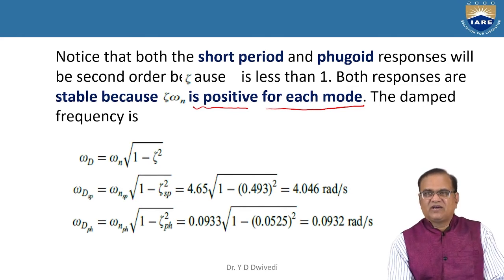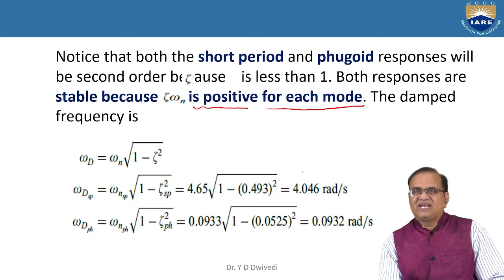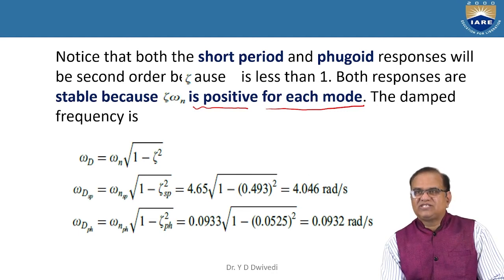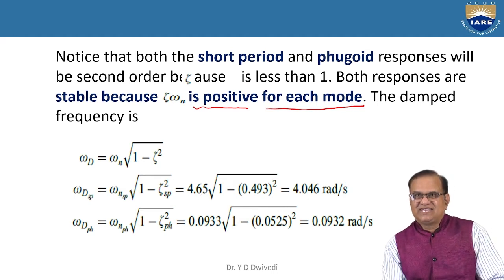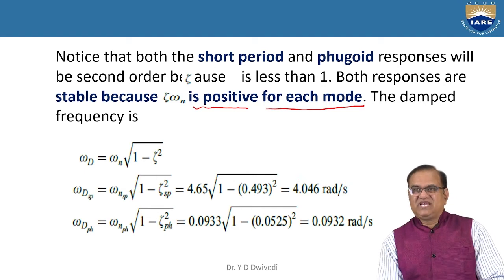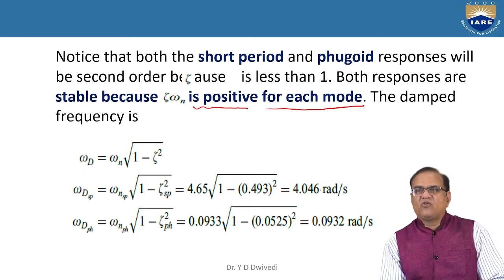So we will get here 4.65 under root 1 minus 0.493 whole square. After solving, we will get this value 4.046. Initially we got 4.65, the natural frequency, but here it is a little less. It is called the damped frequency. So after damping, we get 4.046 radian per second.